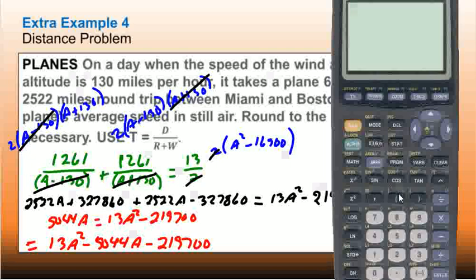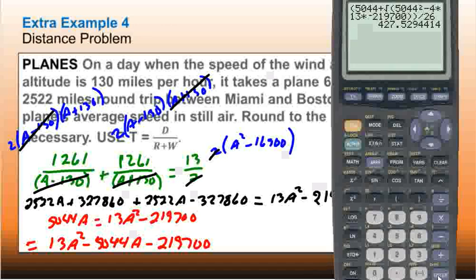And so now I have parentheses. My b, the opposite of b, is 5044. I'm going to do plus the square root of b squared, so 5044 squared, minus 4 times my a, which is 13, times my c, which is a negative 219,700, end parentheses, and then divided by 2a, which is 2 times 13, is 26.